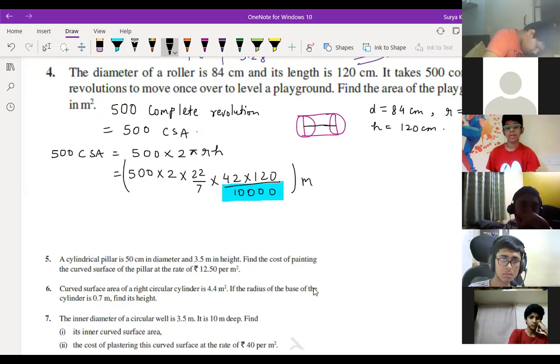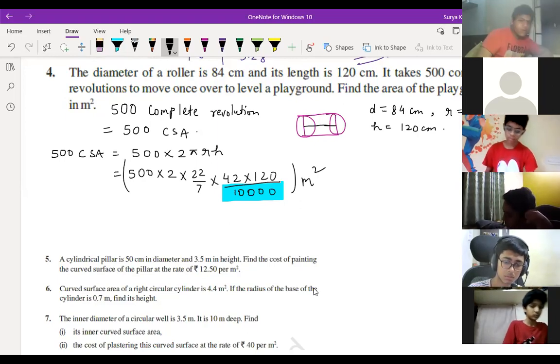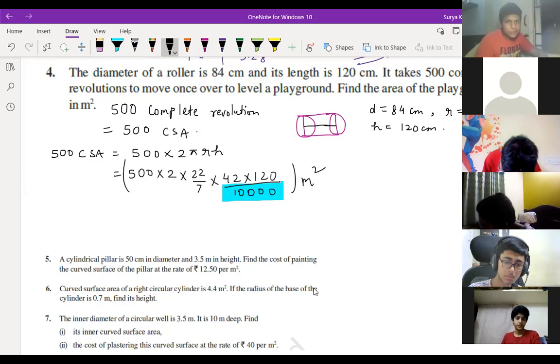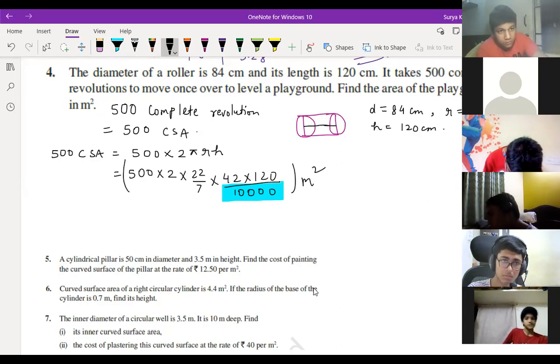Is it clear, children? Sir, I got the total answer as 1584 meters square. Okay, fine. So children, before dividing by 1 followed by 4 zeros, the answer was in centimeter square. If I divide by 1 followed by 4 zeros, the answer becomes in meter square.